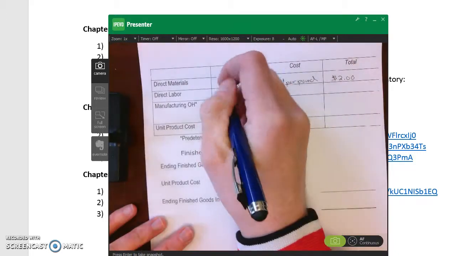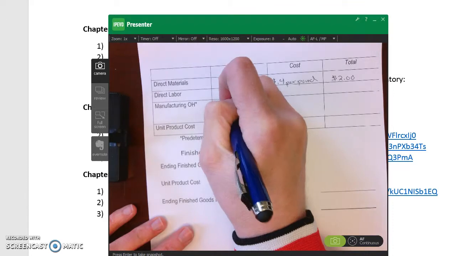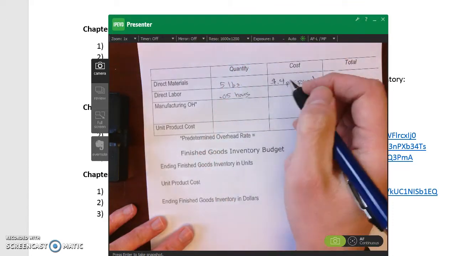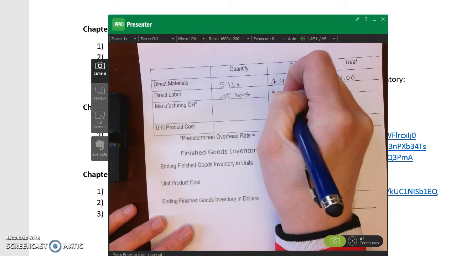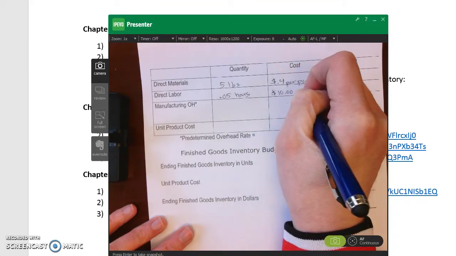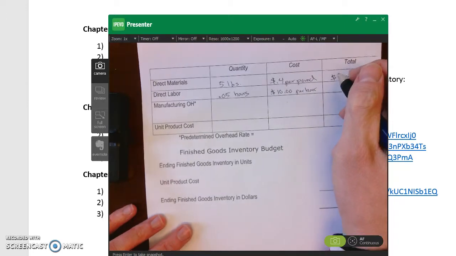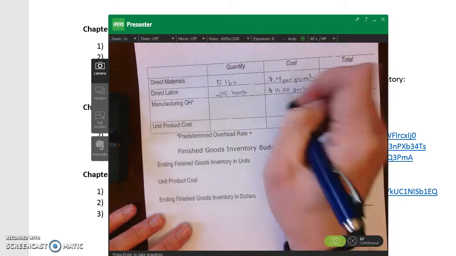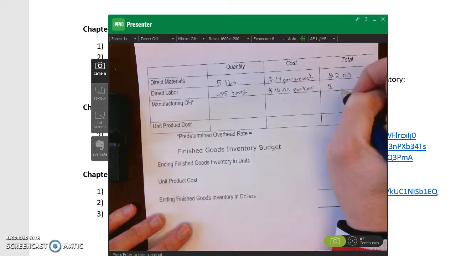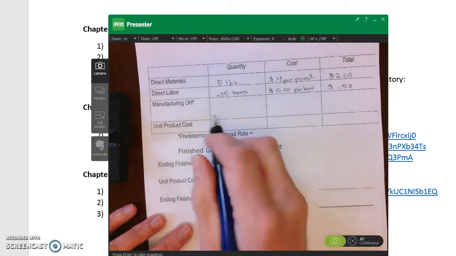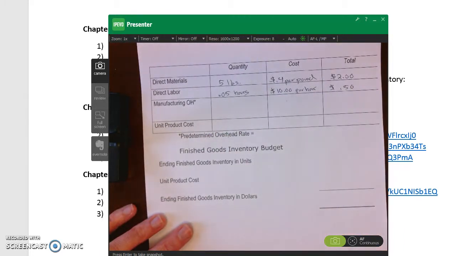Our direct labor is 0.05 hours to make a single unit, and the cost is $10 per hour. So the labor cost involved in making a single unit is 10 times 0.05, or 50 cents.